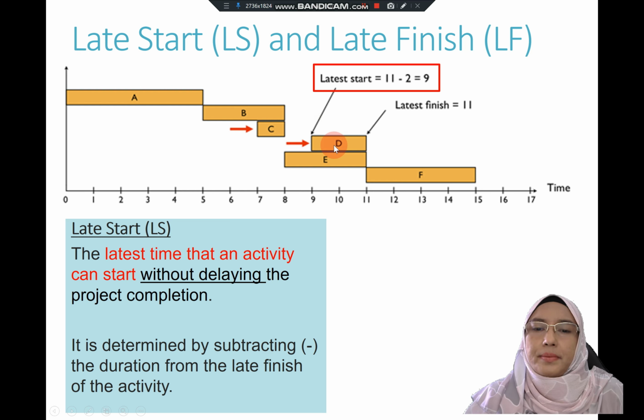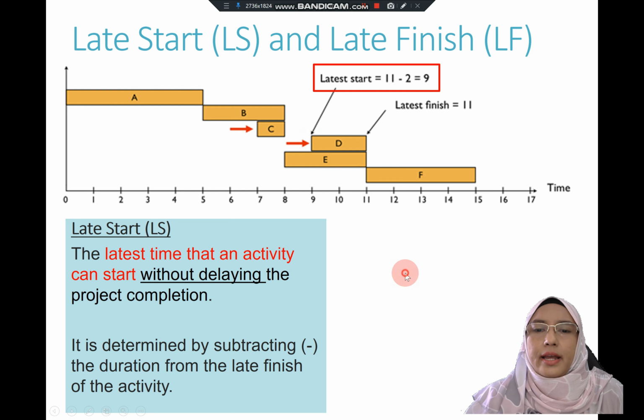For example, in the same project, although activity D can start as early as week 8, it can be delayed to week 9. Delaying the starting date by 1 week will not affect the entire project duration.